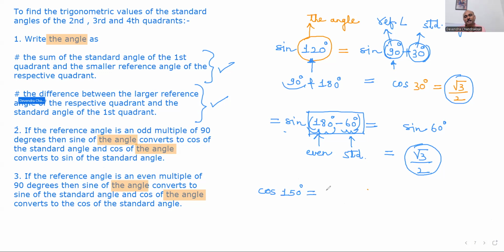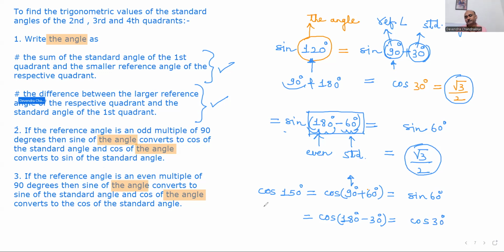We can write cos 150 as cos 90 plus 60, or I can write this as cos 180 minus 30. Yes or no? Quickly. Yes, sir. So this is odd multiple. So cos converts to sine of the angle, and this converts to cos of the standard angle, right?